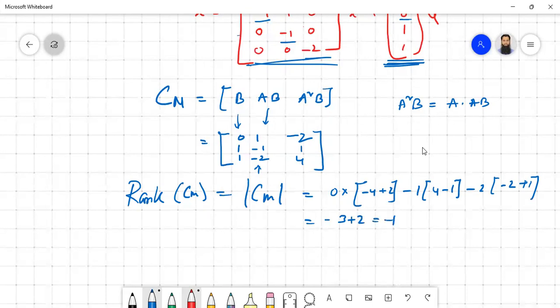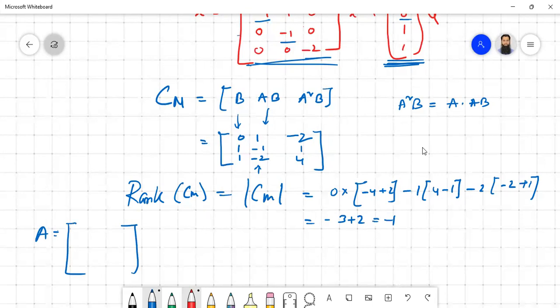So what is the definition of the rank? Rank is finding a square matrix out of your system matrix. From that, what is the square matrix that you can find that gives you a non-zero value?